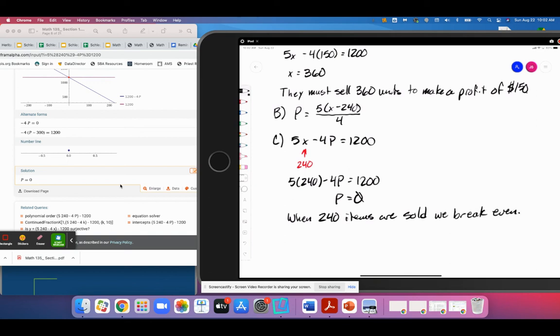Now, the hope would be that if you were to sell 241 items, then you would start making profit. Sometimes that doesn't happen. We'll talk more about that later in the course. But recognize that all the way up to 240 items, this company will sell 239 items and still be in debt. They still will not have made any money.